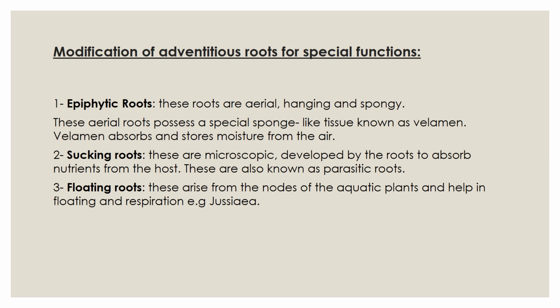The second one is sucking roots. These are microscopic, developed by the roots to absorb nutrients from the host. And to do what? To absorb nutrients from the host. That means this parasitic plant grows on another plant.